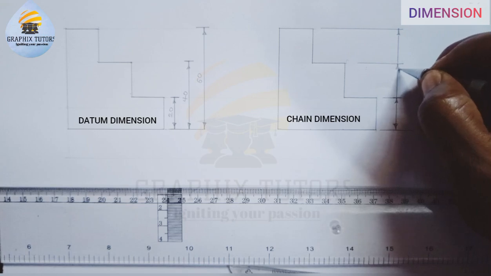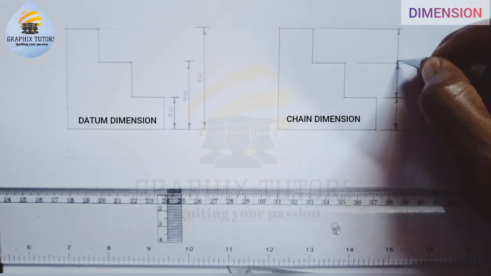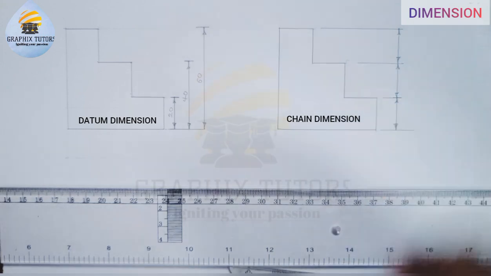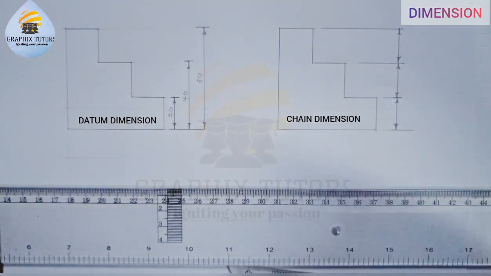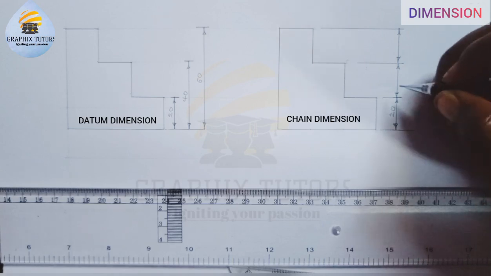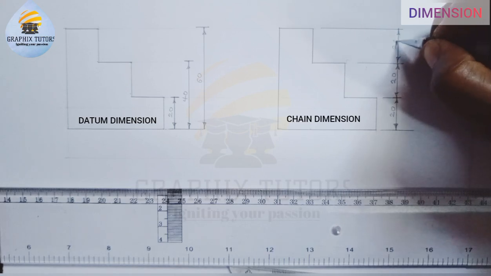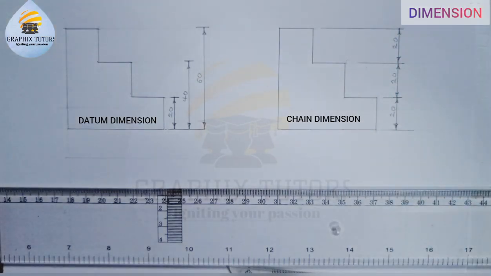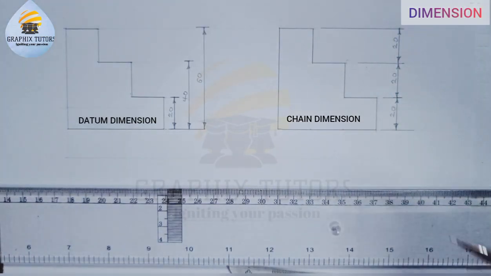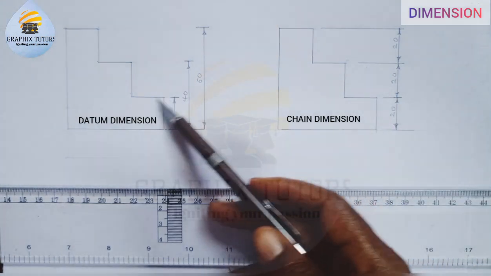From here is this. And we have this, and then this. You can see that. I'll now start writing. Here should be 20, 20, 20. Right? So this is what we call the chain dimensioning.